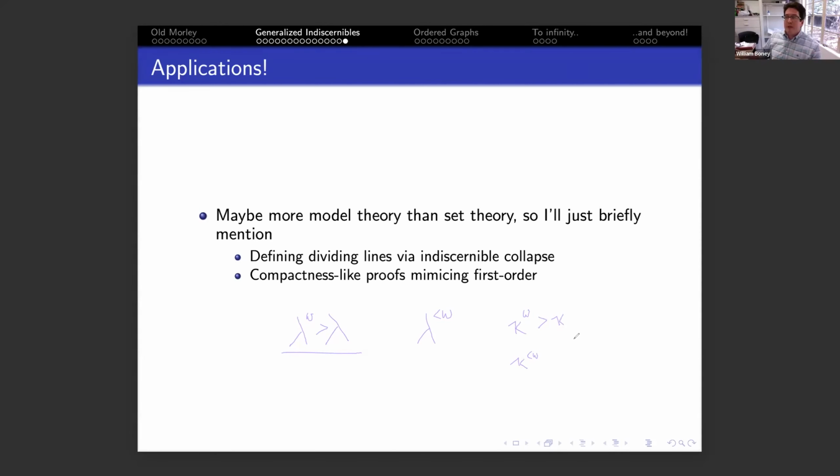And so you get the instability at all kappa to the omega greater than kappa. This is very broad strokes, but the point is, since we know that omega height trees are an Indiscernibles class, you can mimic this proof using omega tree indiscernibles. That's what we do.